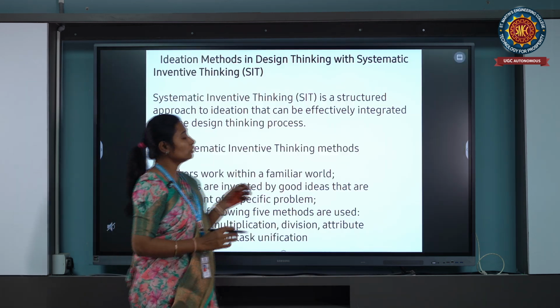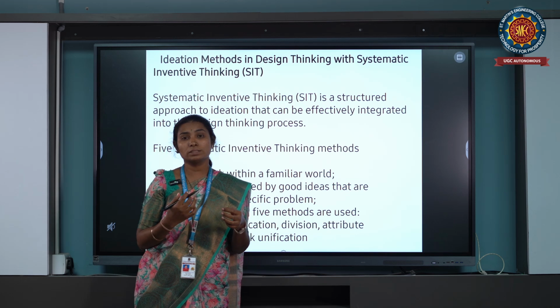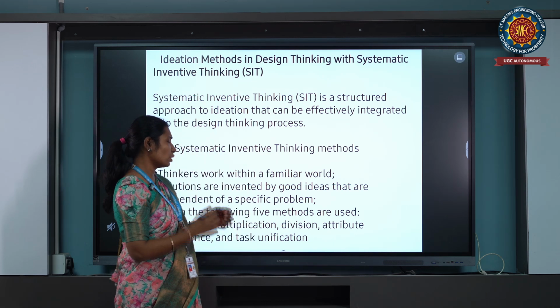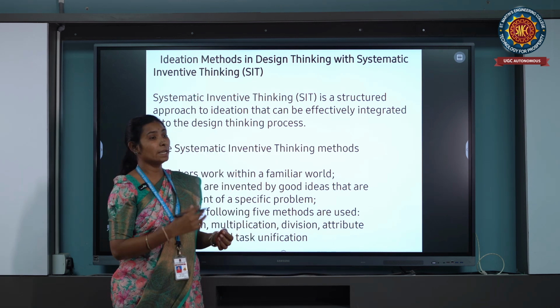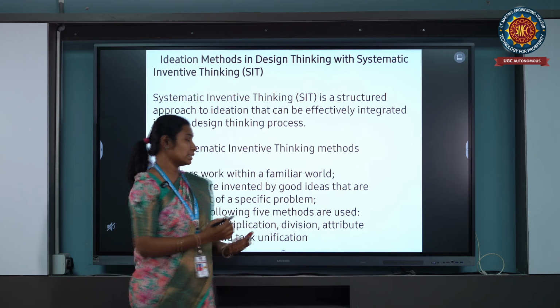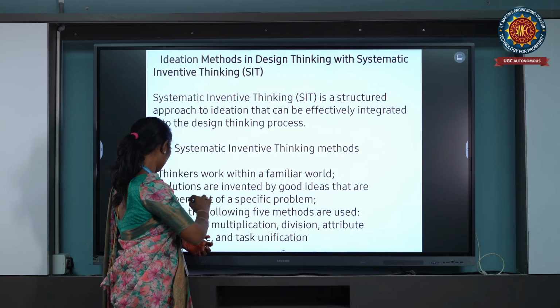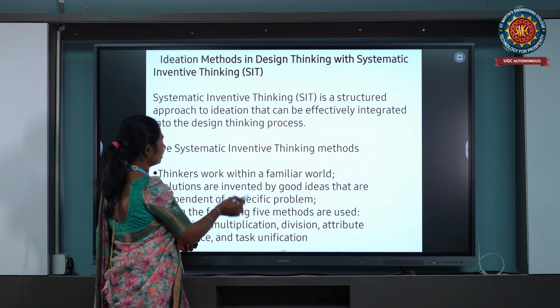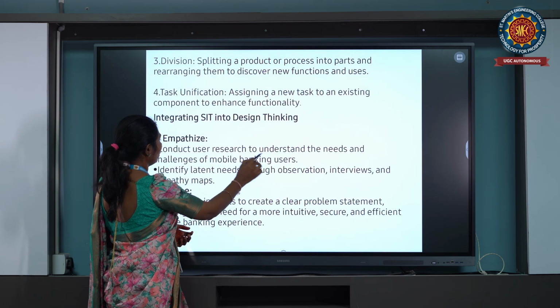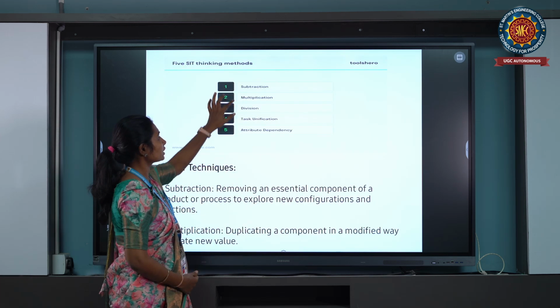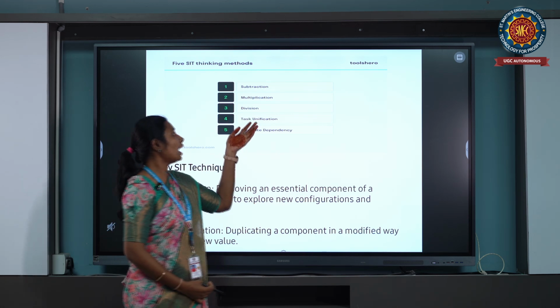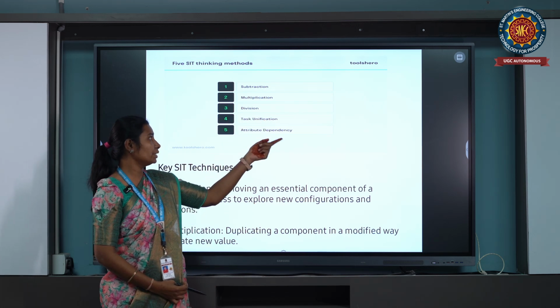So first we need to think from the customer side, not the business side: what the customer wants and how they like the environment. And we follow these 5 methods: subtraction, multiplication, division, task unification, and attribute dependency.